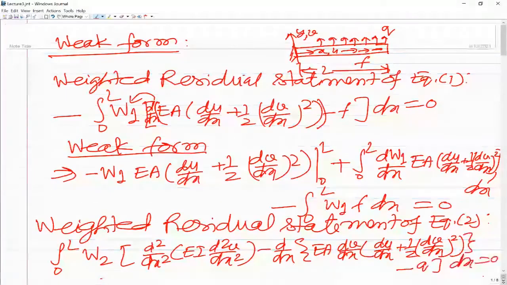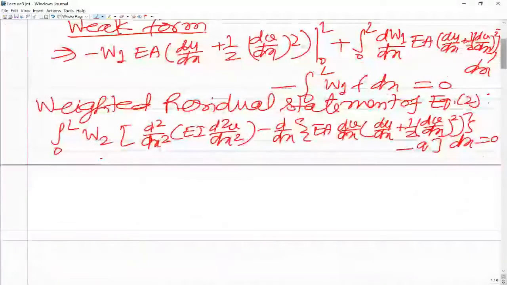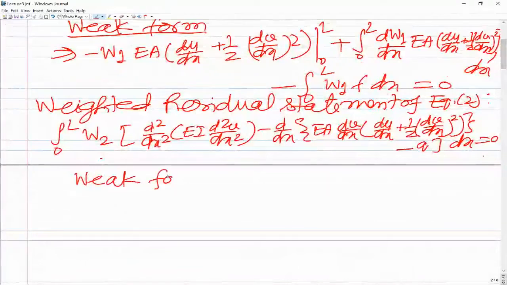So this is the same differential equation I had given. You check the brackets, of course, and this becomes the weighted residual statement, and then the weak form comes from the integration by parts.